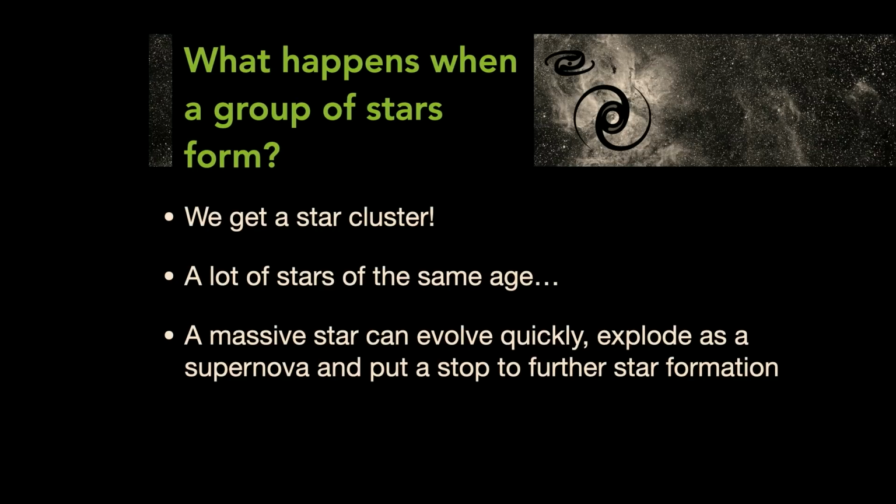If you have that, it will put a stop to any further star formation because it will have wiped out any residual gas. But gravity will continue to be highly relevant to that cluster, regardless of the presence or the absence of any residual gas that never made it into stars.